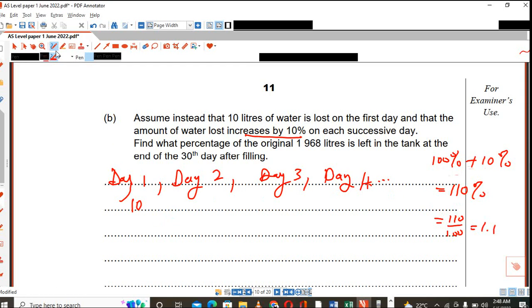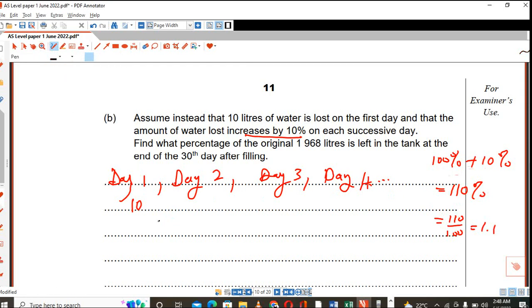So 1.1 is our ratio now that we are looking at, okay? So if you were to multiply by 1.1, then you will get your answer. That's 11, and then the other one will be 12.1, and the other one will be 13.31, and so on and so on. Okay, so this is just our R.